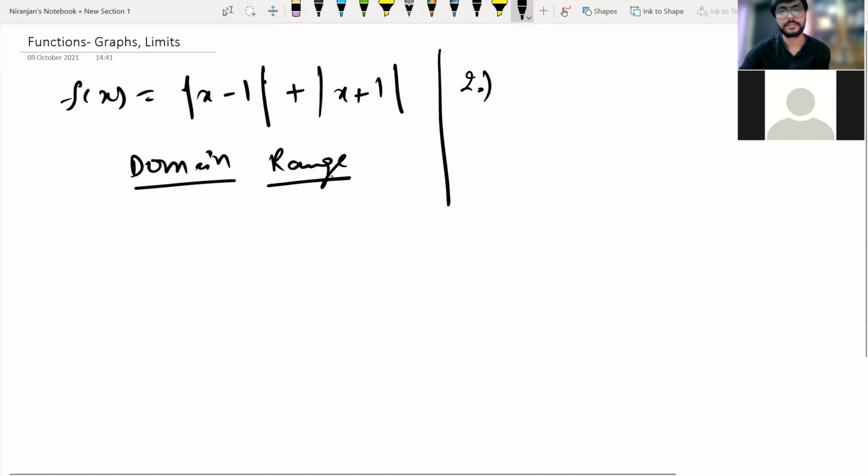There is another question. f of x equals log of x square minus x plus 1. I think I have done this problem.